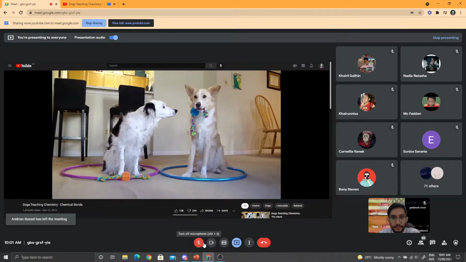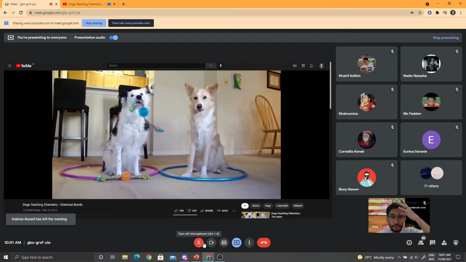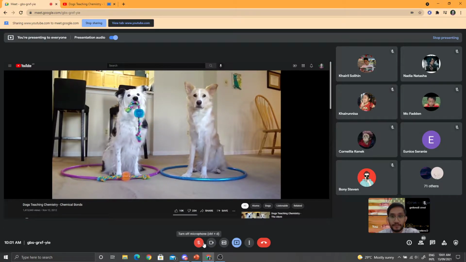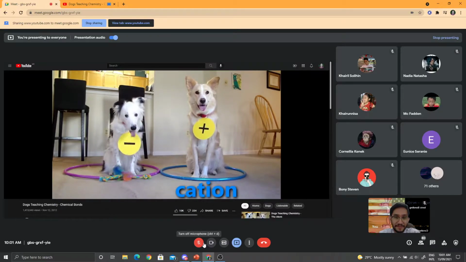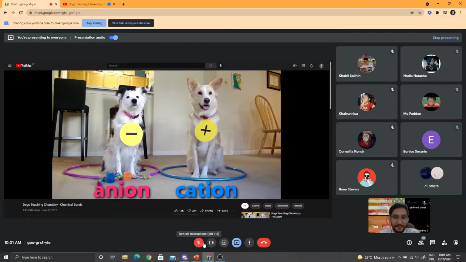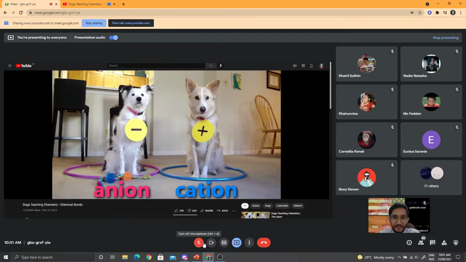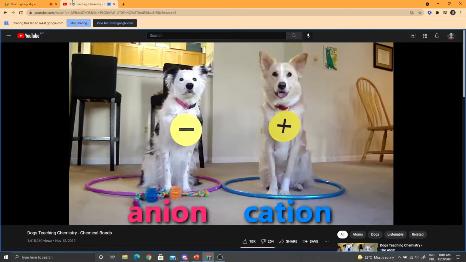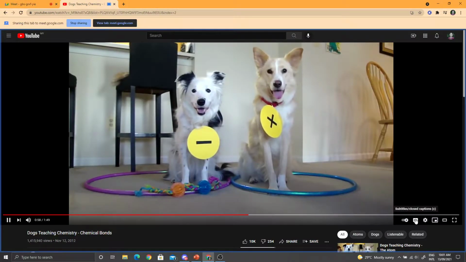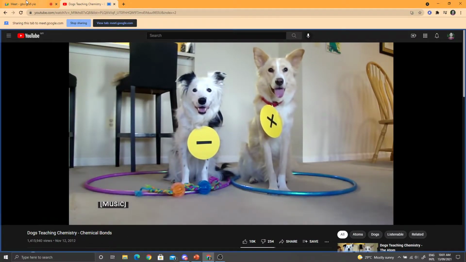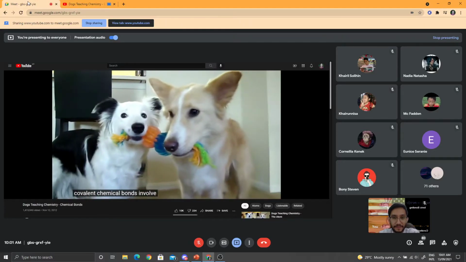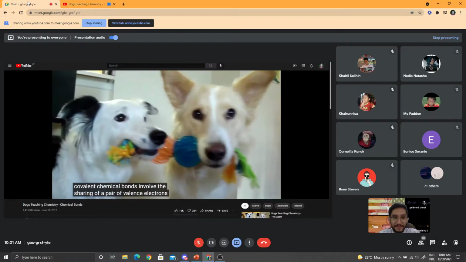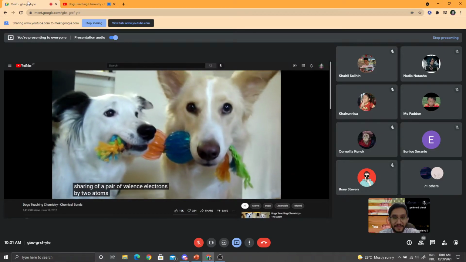An ionic bond is formed when one of the atoms will lose its electron to the other atom. This results in a positively charged ion, called a cation, and a negatively charged ion, called an anion. Positive and negative attract, and the result is an ionic bond. Covalent chemical bonds involve the sharing of a pair of valence electrons by two atoms.